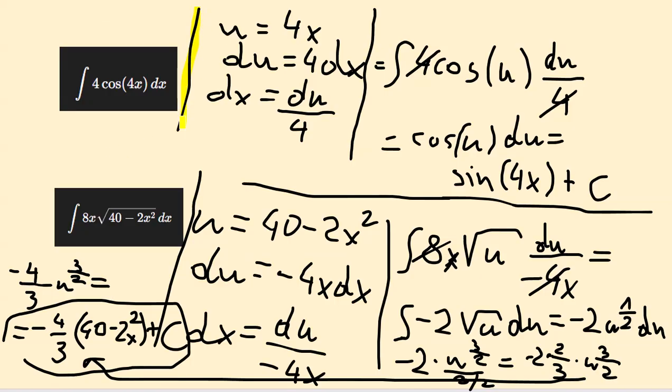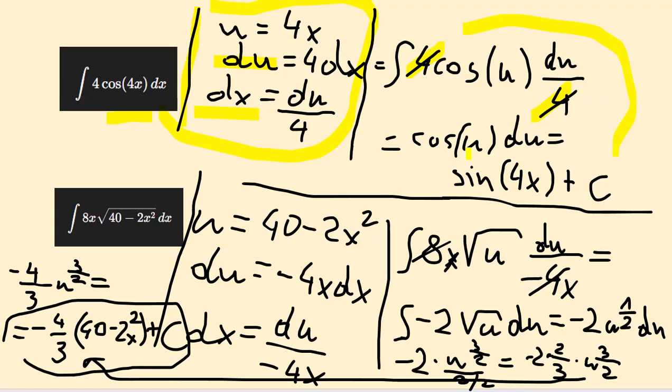So 4 cos 4x. The inner function is 4x. So this is the first step. We set u equals 4x. We find du. Then we solve for dx. And here we've done the calculation. So as you can see, you can cancel out 4.